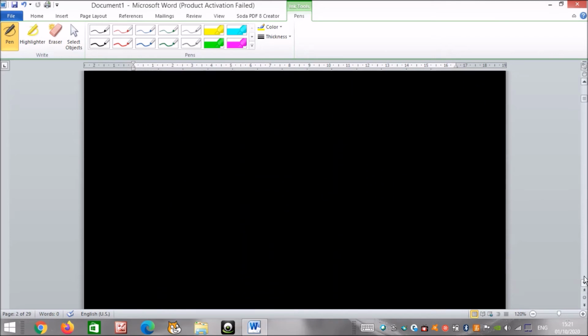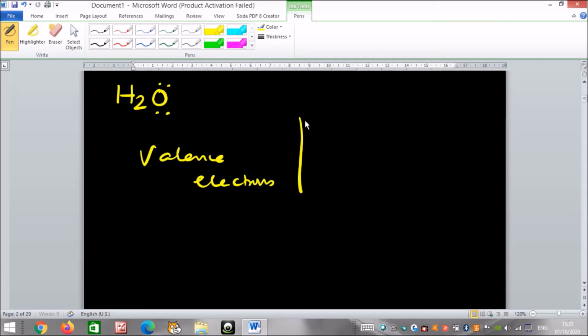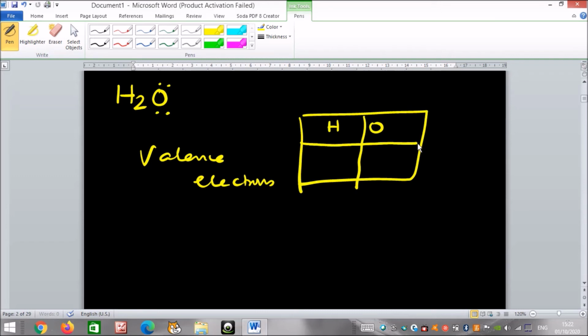And you can take the other example. This is the other example, H2O, water. Just determine the valence electrons which are present in these two, hydrogen and oxygen. There are 2 hydrogen, each has 1 electron.